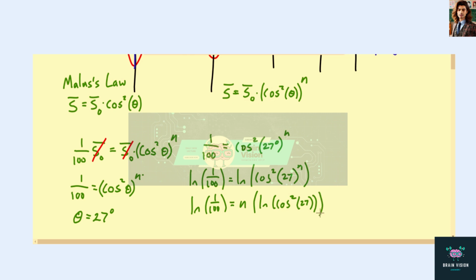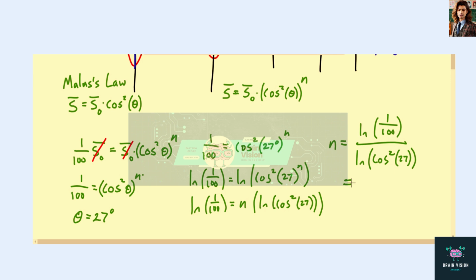So many parentheses there. And now we just simply need to divide in order to solve for n. n is equal to the natural log of 1 over 100 divided by the natural log of cosine squared 27.